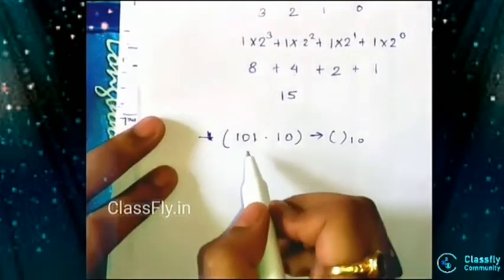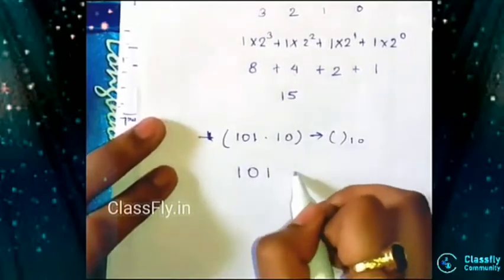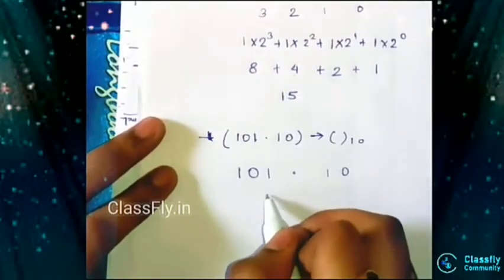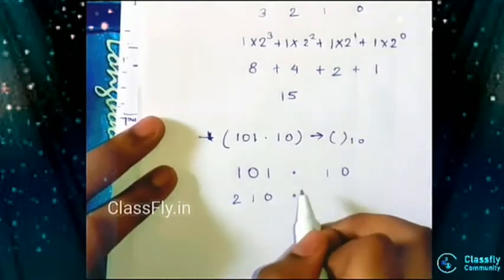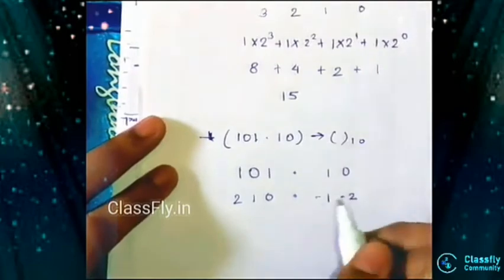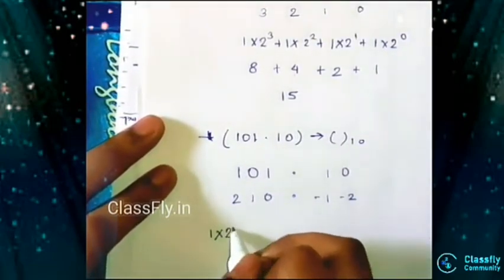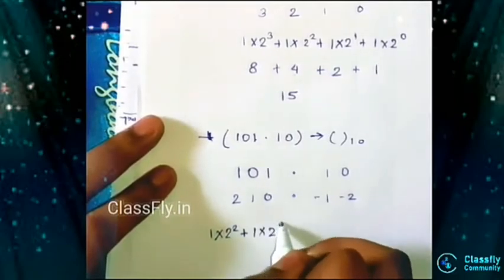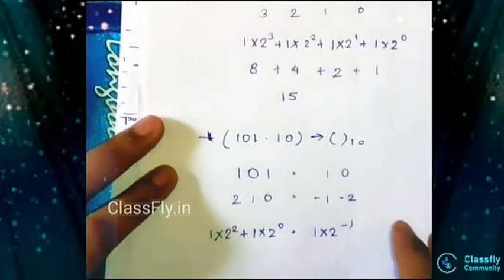Now a second question with a decimal point. We will write the number first, 101.1. First we will write from this side 0, 1, 2, and I told you after the decimal point we will write negative, that is minus 1. Now we will write the corresponding powers for the ones, that is 1 into 2 to the power 2 plus 1 into 2 to the power 0 plus 1 into 2 to the power minus 1.